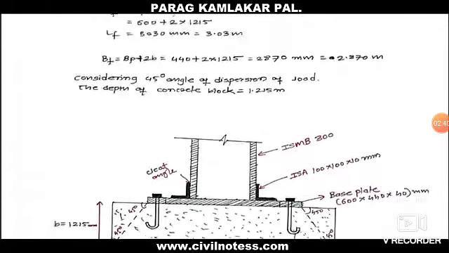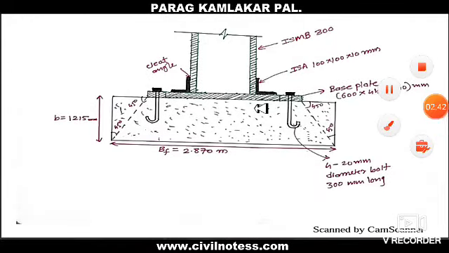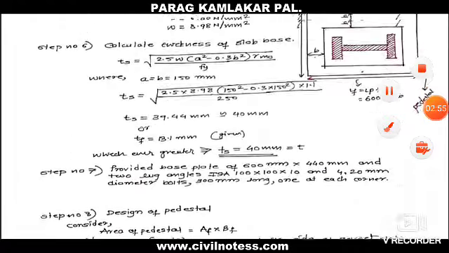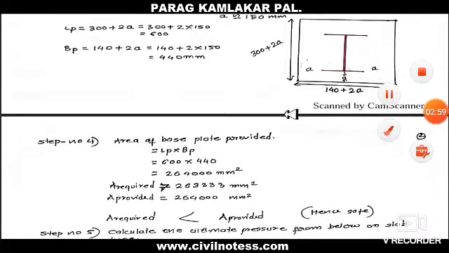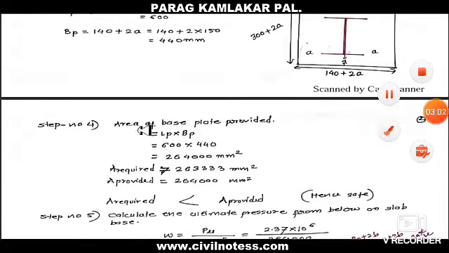For the design of the base plate we need the thickness. All the dimensions we should find out. Here we got the length and width, but we don't have the depth. For depth calculation there is one formula where it can be easily calculated.